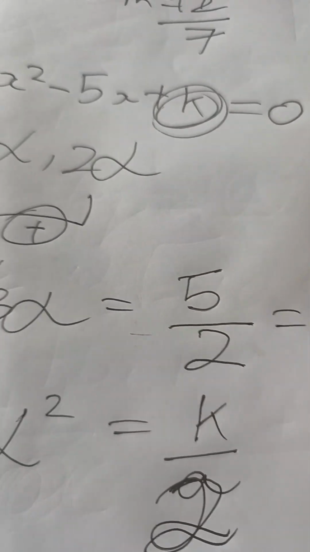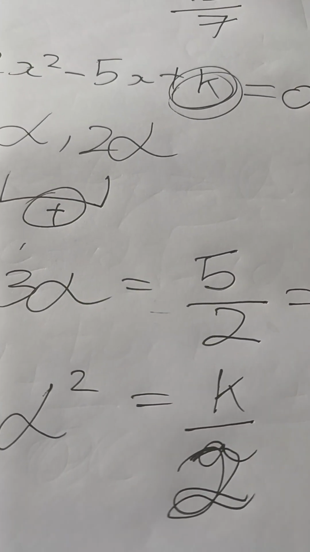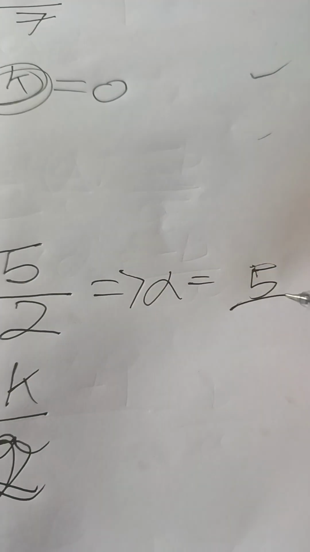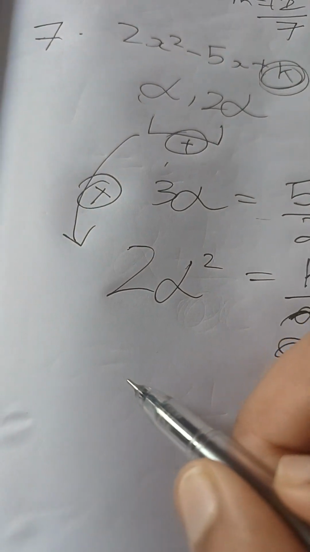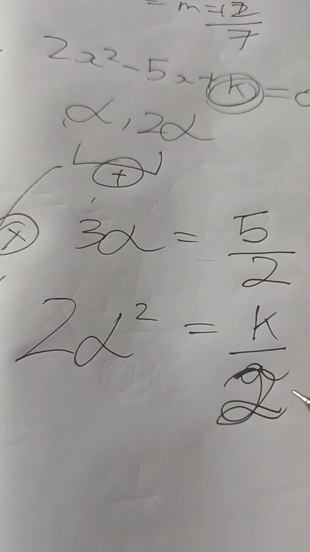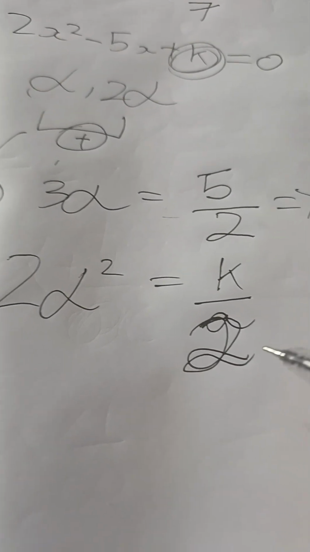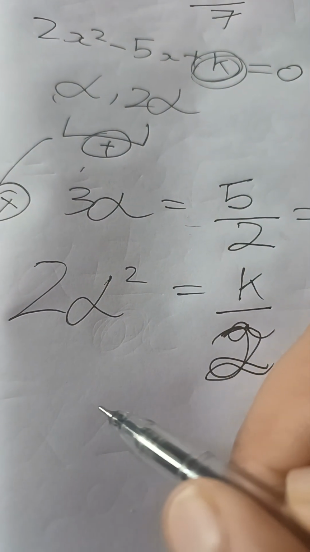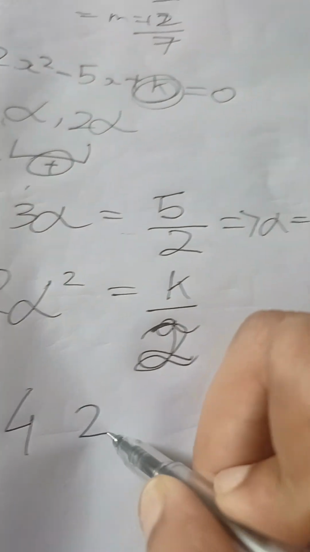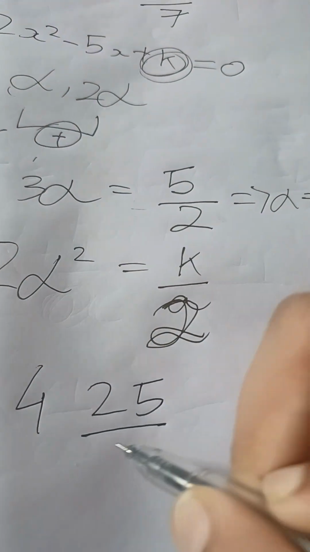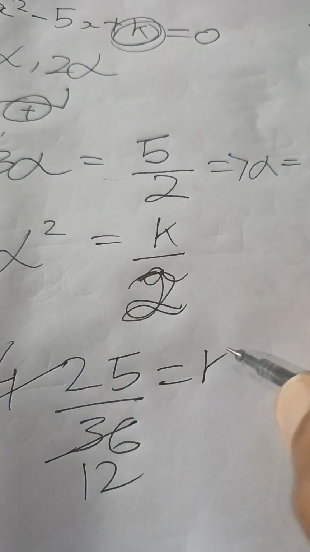So turns out alpha is 5 by 6. Yeah, 5 by 6. 2 alpha square, k by 2, so it's 4 into 25 by 36, 12. That's the value of k.